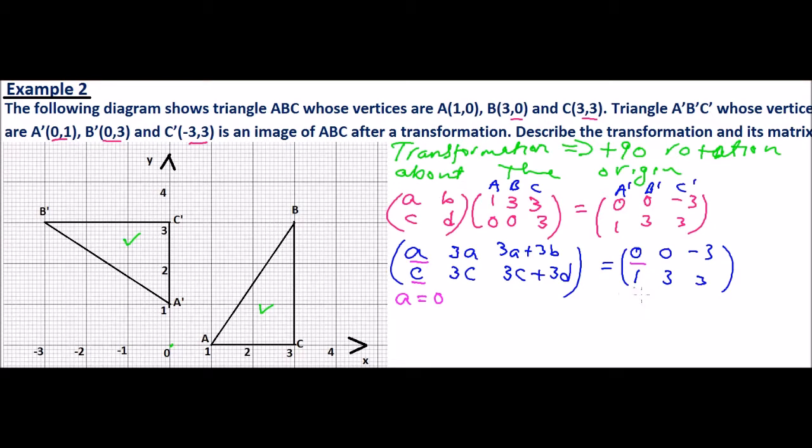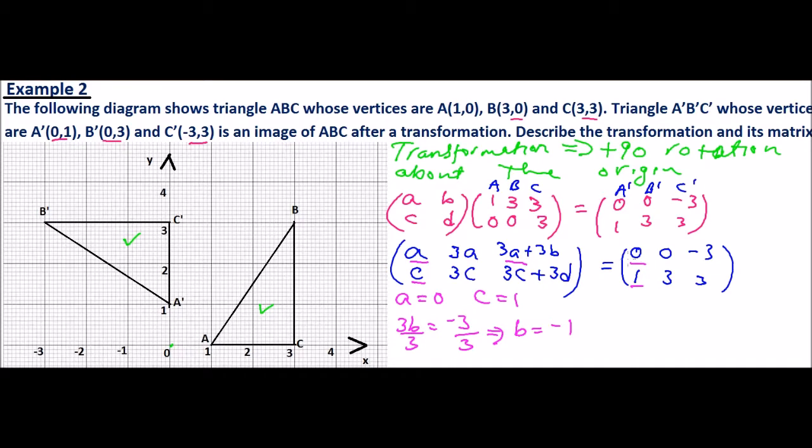Our C is equal to 1. Now, we say 3A plus 3B is equal to minus 3. We already know A is equal to 0, so this means that 3B is equal to minus 3. Divide both sides by 3, implying that our B is equal to minus 1.